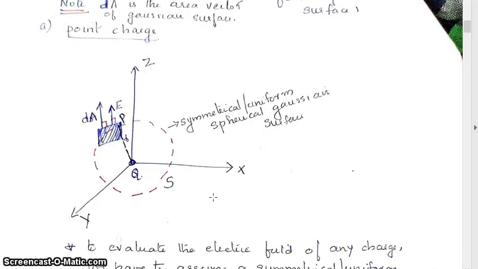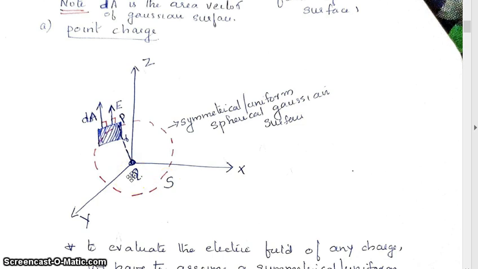First we will find the electric field for a point charge. Point charge means the size is very small. So first what I am going to do is, here is a point charge, and I am going to draw a symmetric spherical Gaussian surface surrounding the charge.